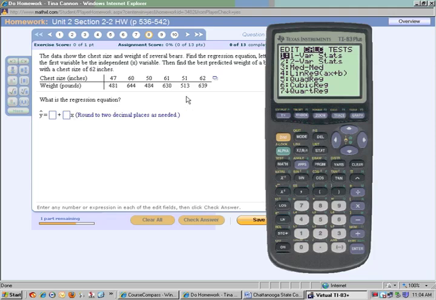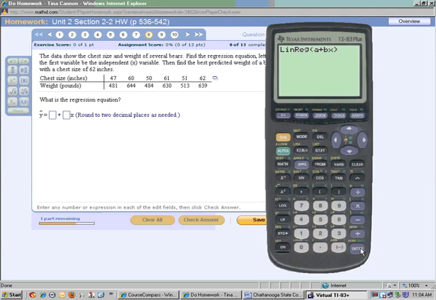So we do not want to use 4 right now. We will go down to number 8, which says linear regression A plus BX, select number 8 and push Enter.